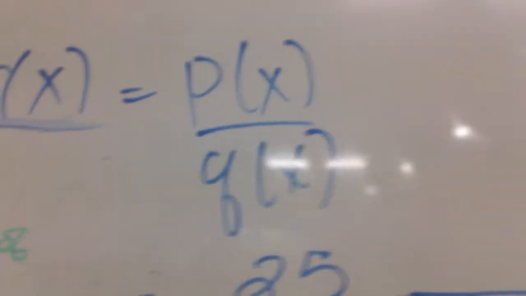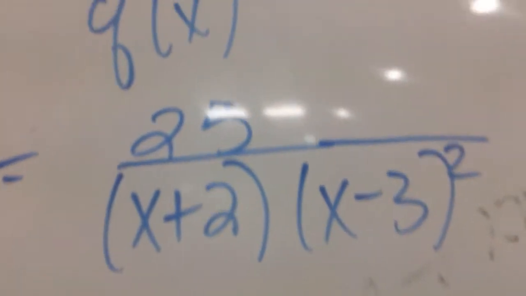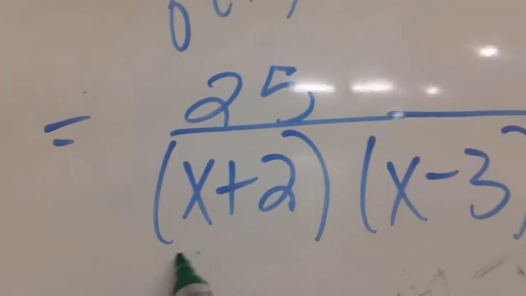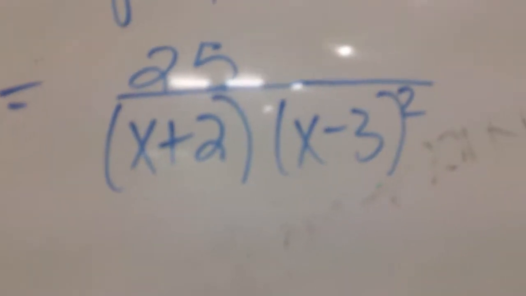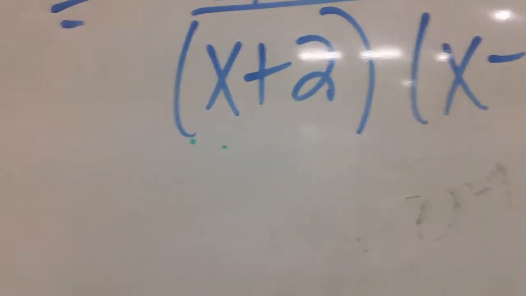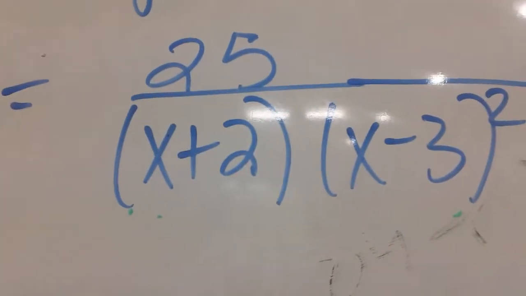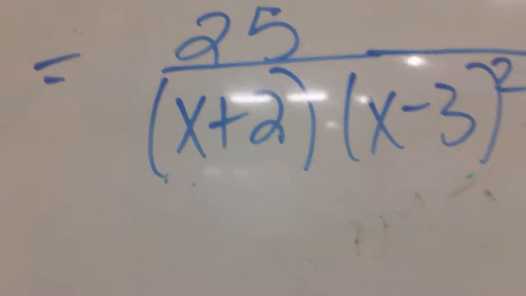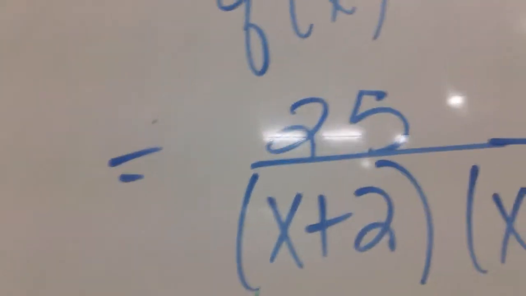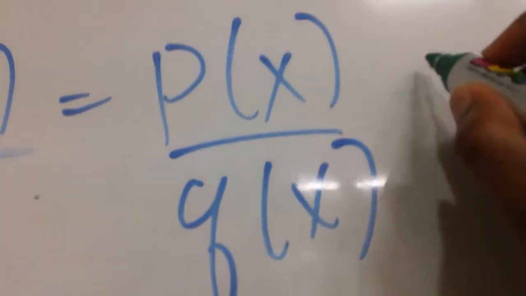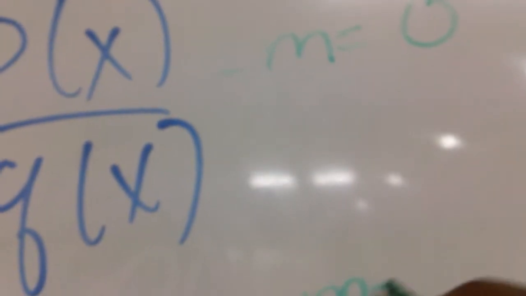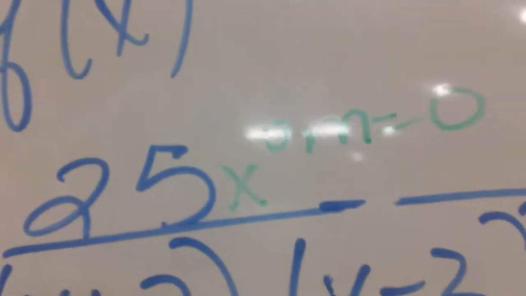So here we have, again, a rational function, and in this case, p of x is equal to 25. And q of x, the denominator polynomial, is equal to this denominator in factored form. We like the denominator in factored form because it helps us easily find the vertical asymptotes. So based off this, the first thing we do is we find the horizontal asymptotes. The degree of the numerator polynomial is 0 because it is x to the 0 power.